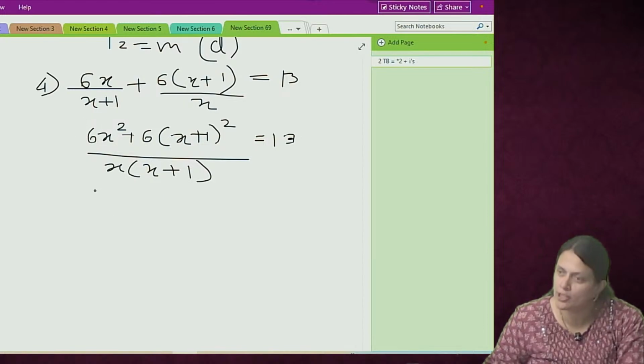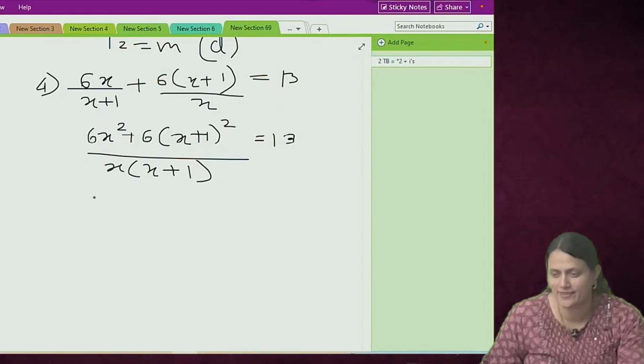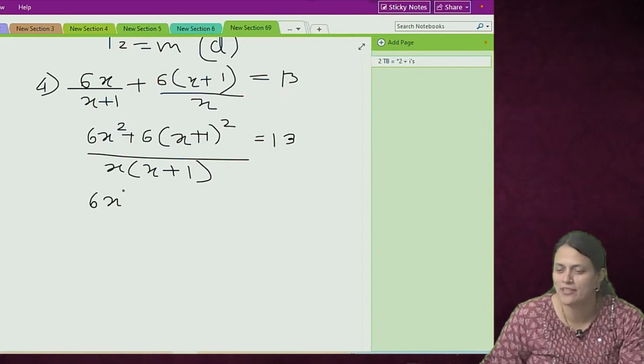So you can do it by method of substitution. I am going to do by this method. You do by the method of substitution.